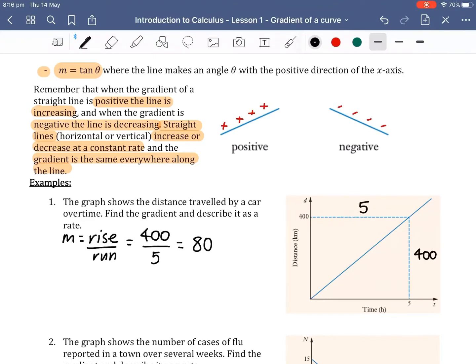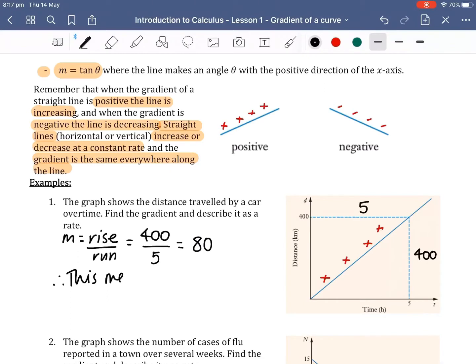So the line is increasing as it's going in a positive direction, so this means that it has a positive gradient. When it goes from left to right, going upwards, it's positive. And we should write a concluding statement, as we need to describe the rate of the distance travelled by the car.